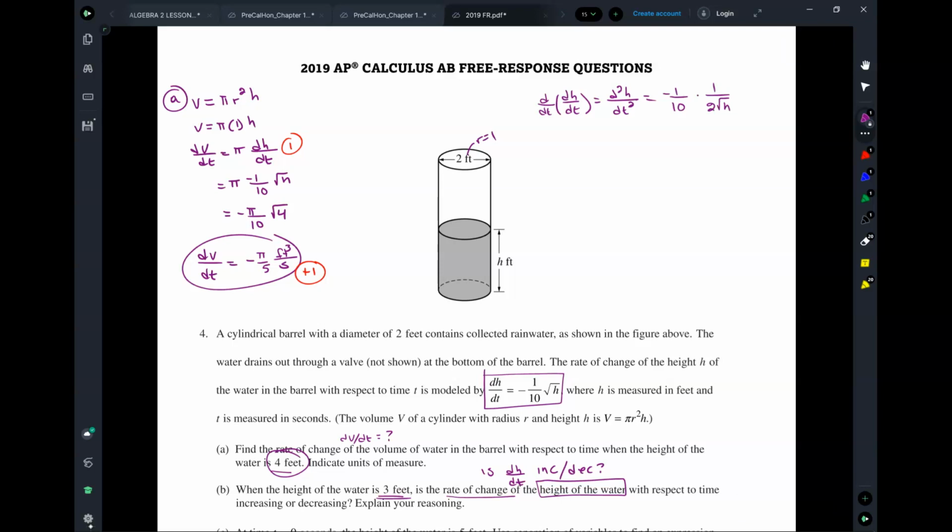And when is this happening? When the height of the water is 3 feet. So at h equals 3, d squared h/dt squared is equal to negative 1 over 20 root 3, which is how much?